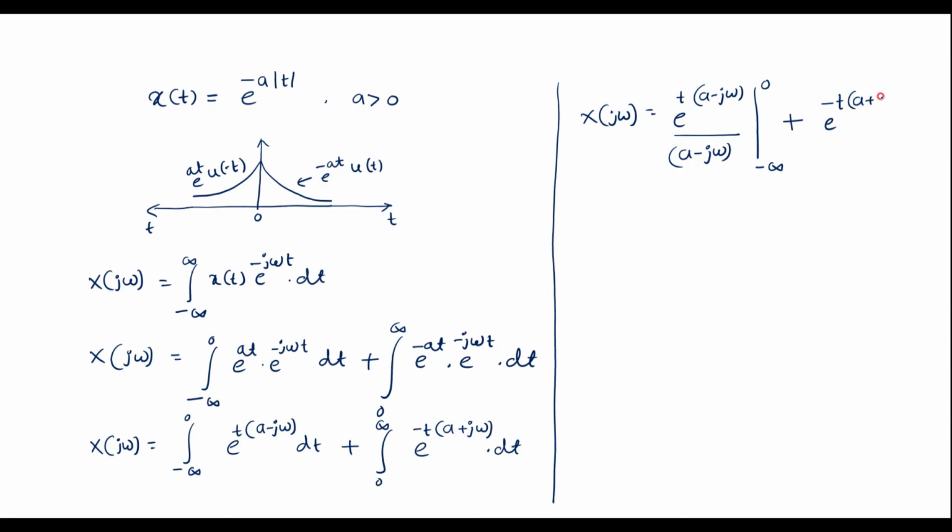The limit is minus infinity to 0, plus, the integration of the second term is e^(-t(a+jω)) divided by minus (a+jω). The limit is 0 to infinity. Simplifying this further, substituting t equal to 0 in the first term, its value will be 1 divided by (a-jω), minus e^(-infinity), which is 0.